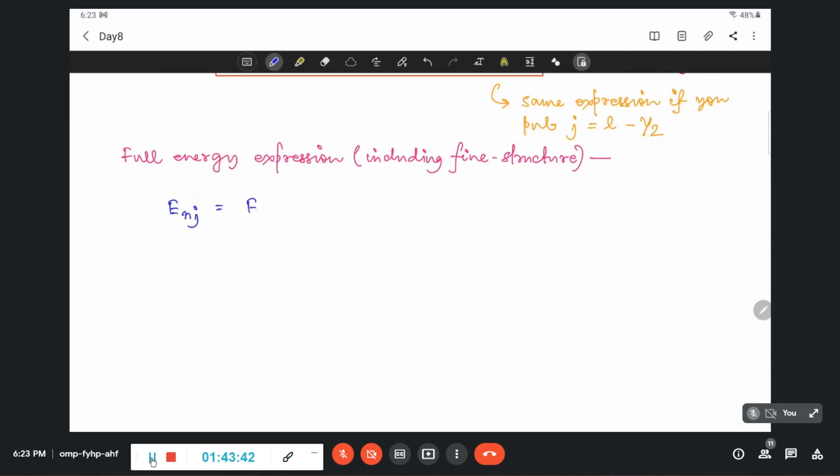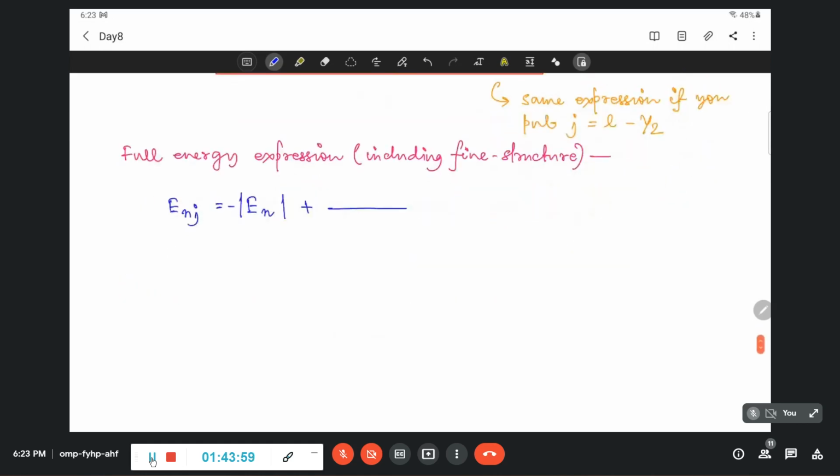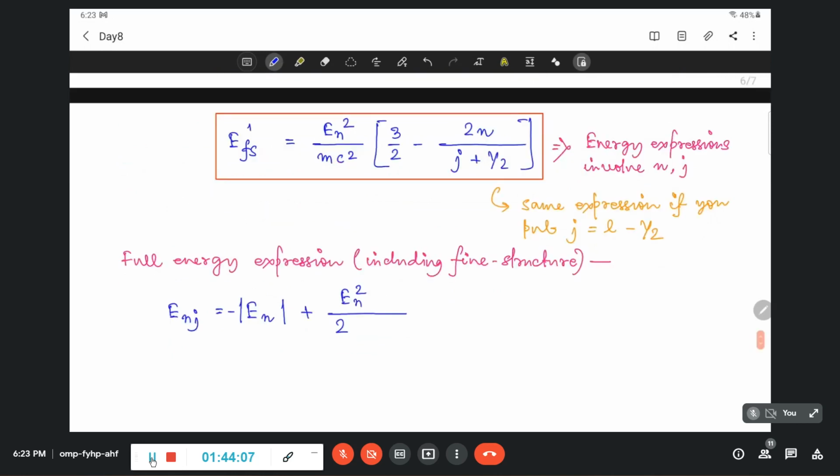You have En, which was negative, so in order to take this into account we put a mod over here, and then plus En squared, of course mod, and there is 2m.